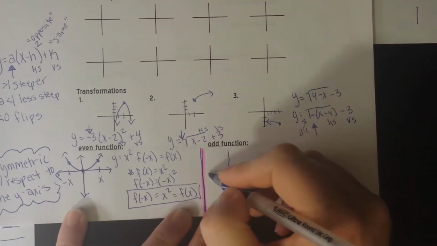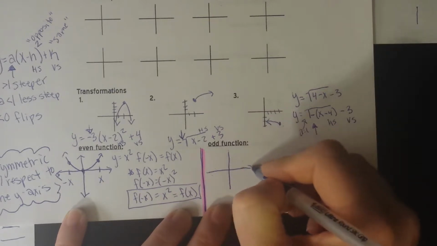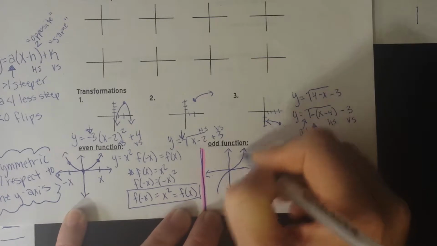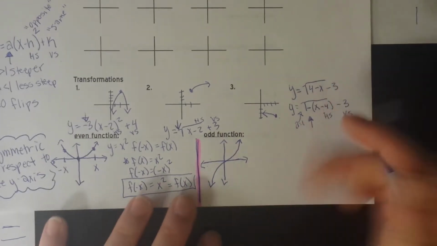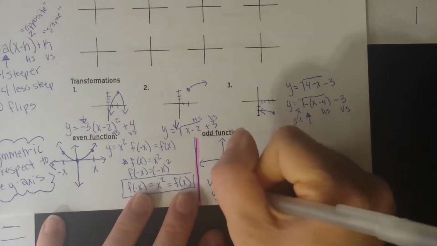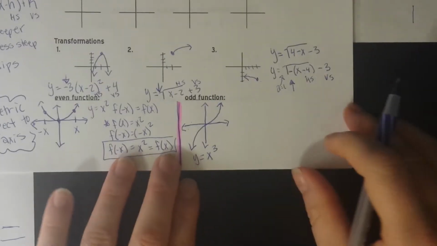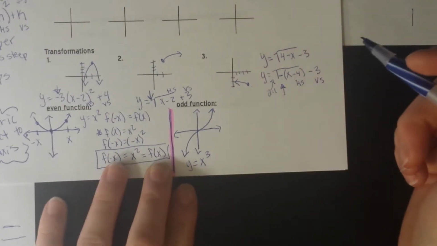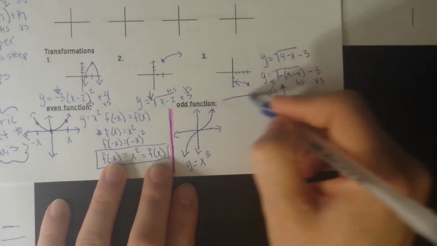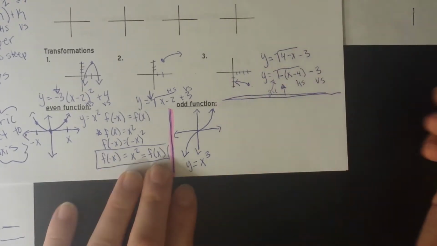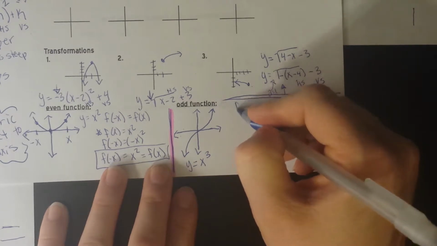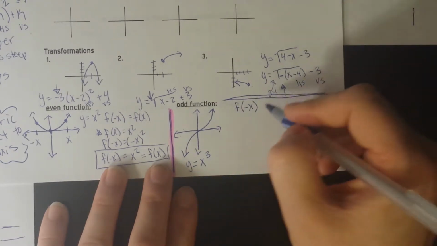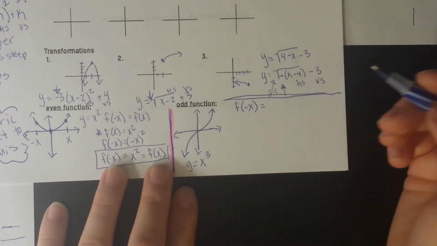So an example of that is y equals x cubed. Okay, mathematically, the same thing we have to try is plug in negative x, evaluate the function at negative x.